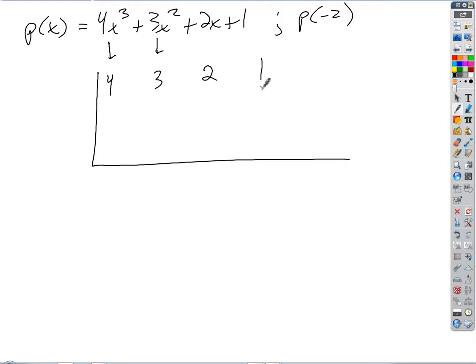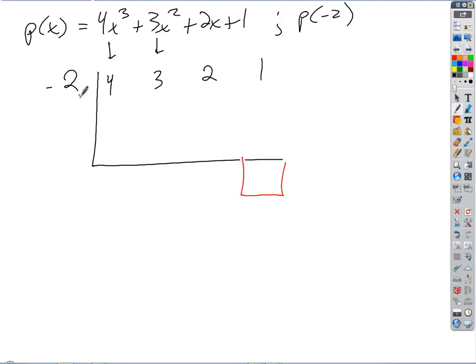But that's going to be pretty common for us in this section. And then down here at the end you put a box. And then out front, you put the value of x that you're plugging into the function, where you're evaluating it. So I put a negative 2 in this case.